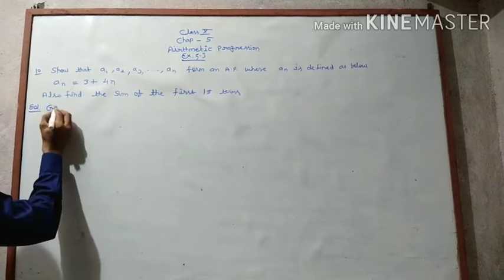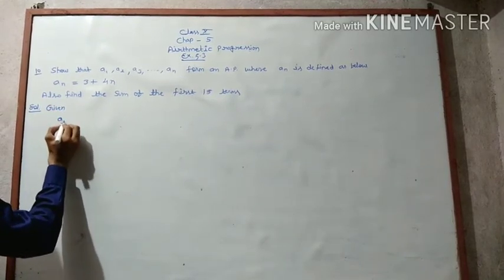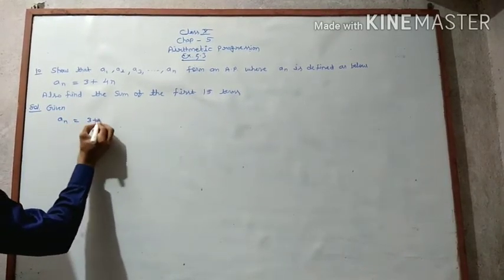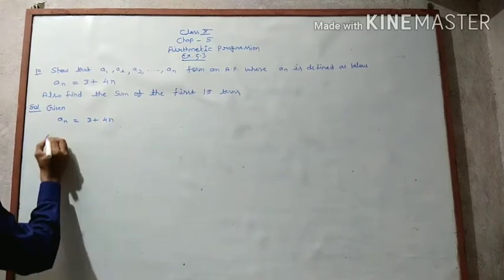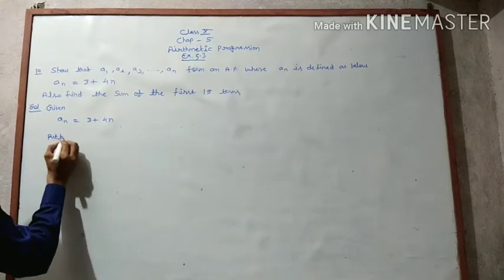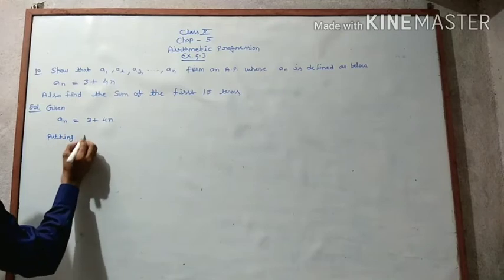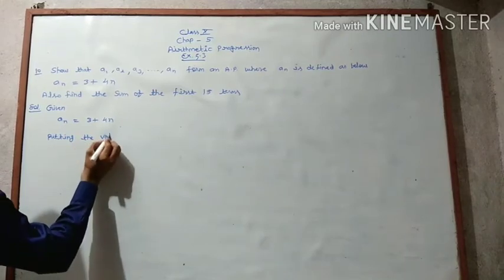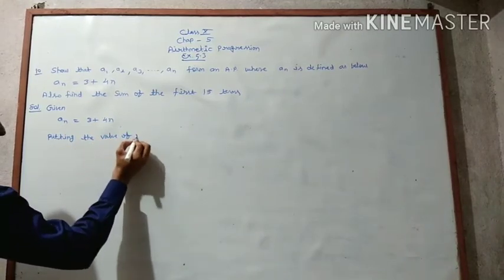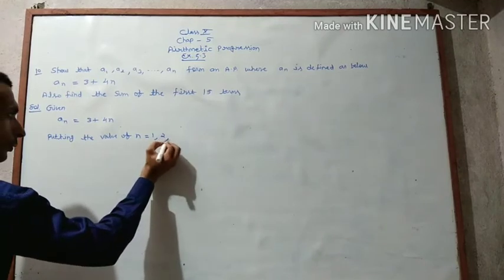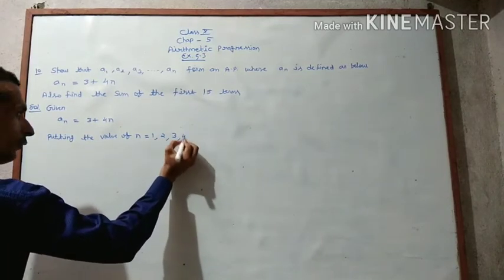The given condition is AN is equal to 3 plus 4n. Putting the value of n equal to 1, 2, 3 and 4.